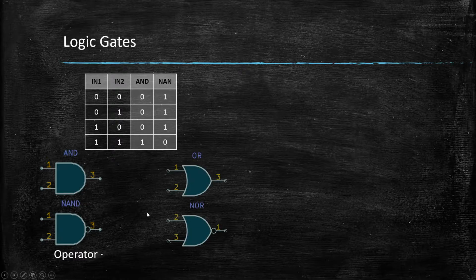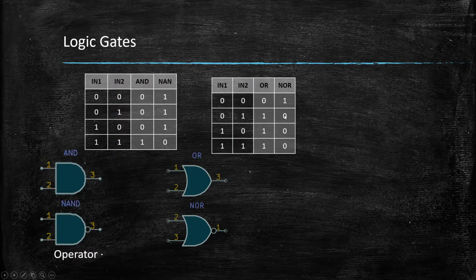Let's go to the next one, the OR gate. And as the name says, the OR gate will output a 1 when either input 1 or input 2 is 1. Basically, when both are 1, the output is 1, too. Also here, the corresponding negated gate is the NOR gate, which will be 1 only if both inputs are 0, and 0 if either input has a 1.